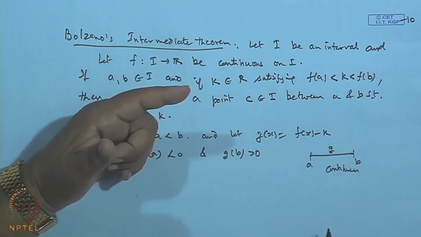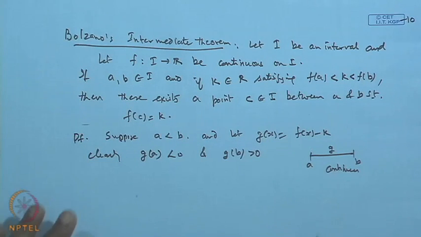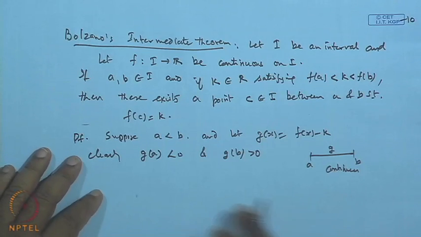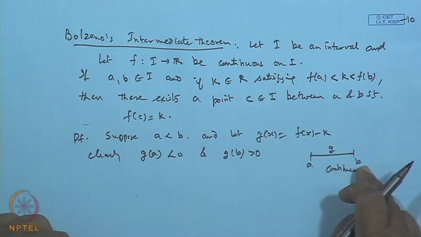Therefore, by the location of the root theorem which we have proved earlier, there will be some point in between a and b where the function g will be 0.